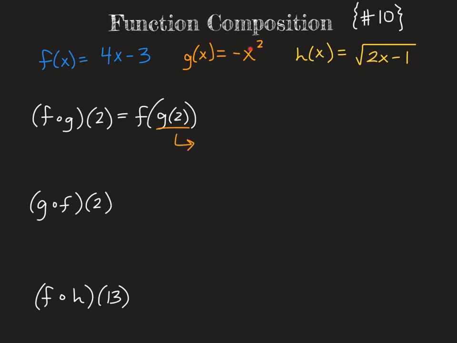That means I have to plug 2 in here. This is really a -1 out in front, so I'm not taking -2. I'm doing 2 squared first, then multiplying by that -1 out in front. So it's 4 times that negative out in front.